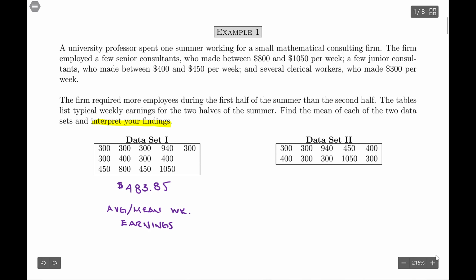And then for the second set, it's $474. And it's the same interpretation. It's the average or mean weekly earnings. That's what the interpretation is, because we have to put some kind of context to our result so that we understand what that value represents. So in the first case, 483.85 in average weekly earnings. In the second set, 474 in average weekly earnings.